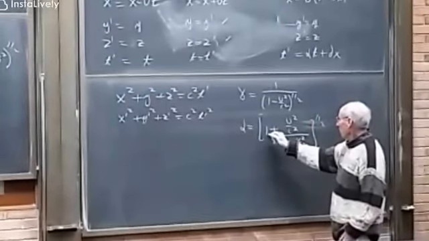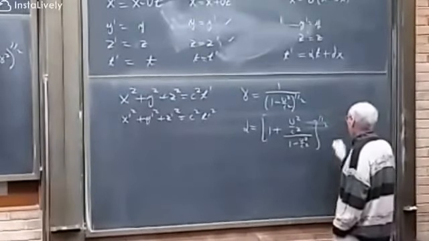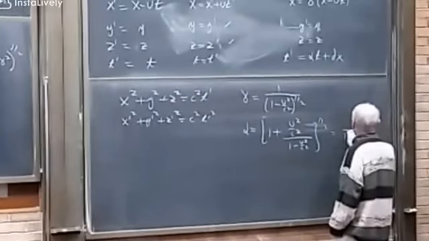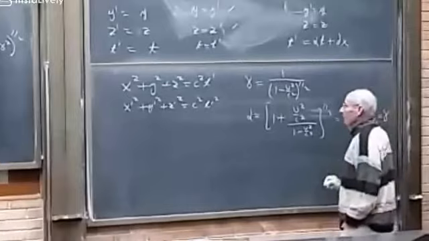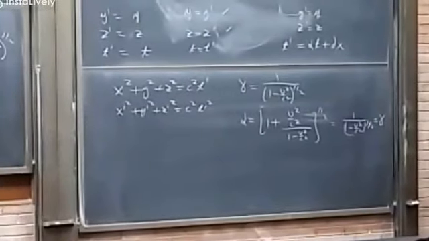So you put that up here, you get 1 minus plus, that leaves just 1, and so you get 1 over the square root of 1 minus b squared over c squared. In other words, alpha equals gamma.